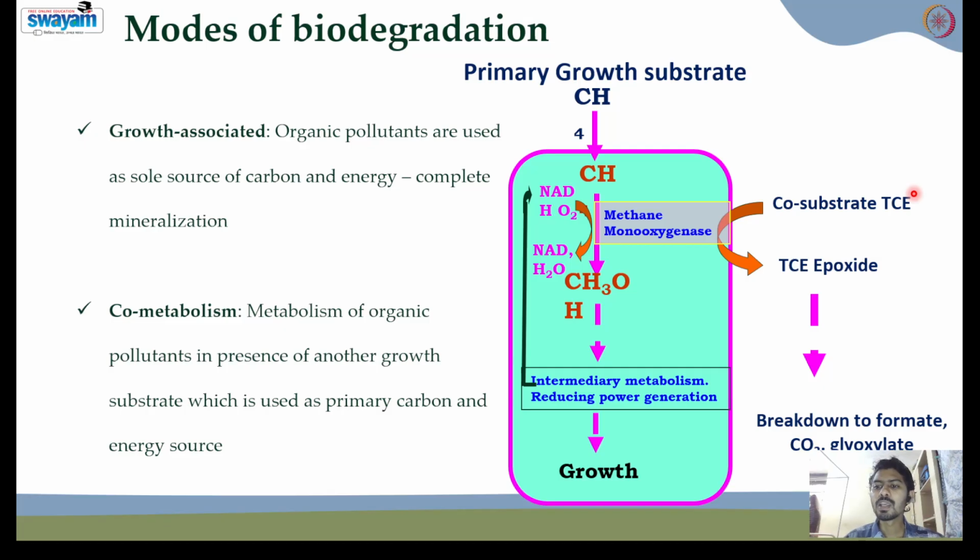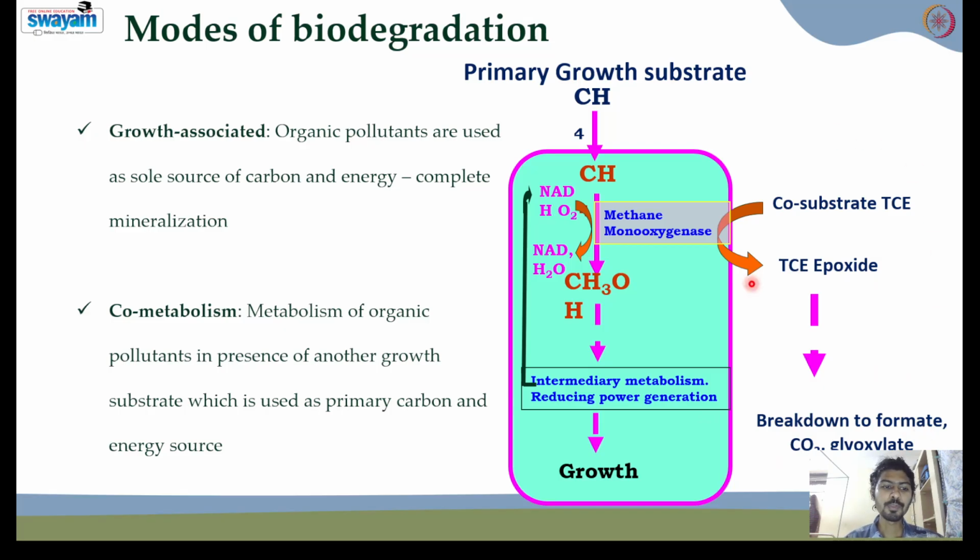So in that case, the microorganism first consumes the CH4, methane, as a substrate, and converts it as their first reaction. In this case, the microorganism will secrete methane monooxygenase enzyme to a higher level. And this enzyme helps in converting this TCE into TCE epoxide, which eventually breaks down to form CO2 or glycoside.